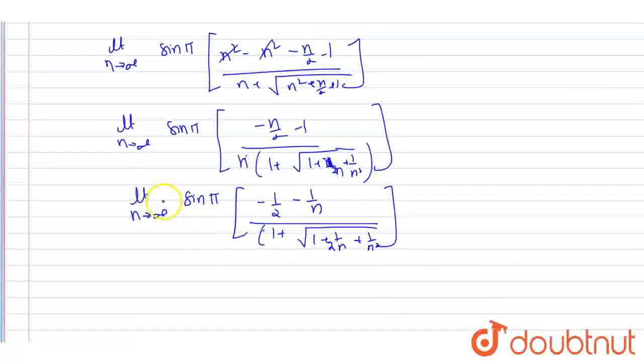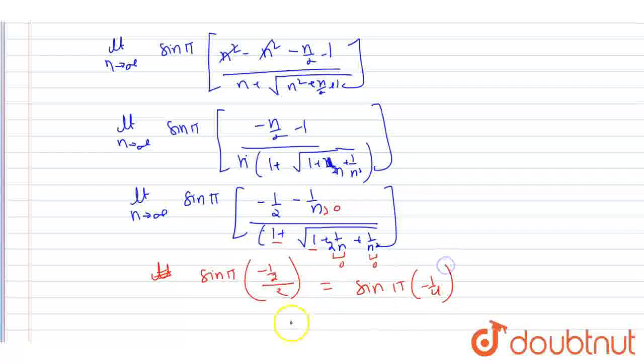On solving this, we can put n tending to infinity, so the terms with n in the denominator will become 0. So we have the limit cancelled out, and we have sin pi times (minus 1 by 2) upon (1 plus 1), or we can say sin pi times minus 1 by 4.